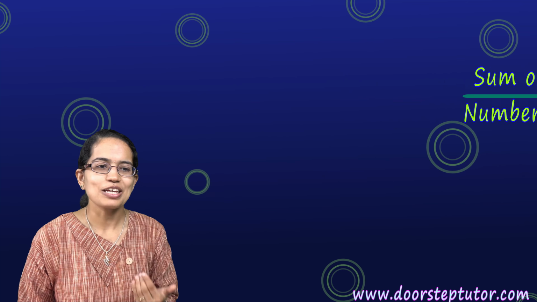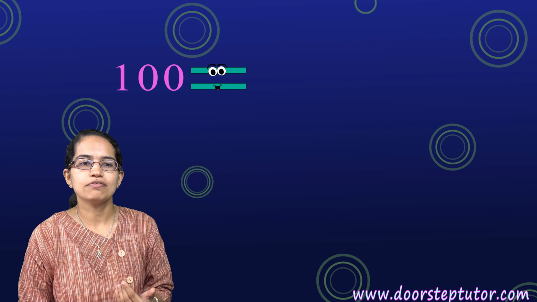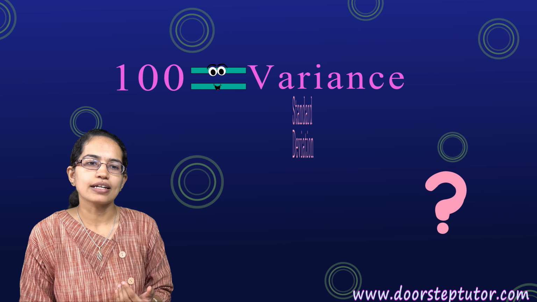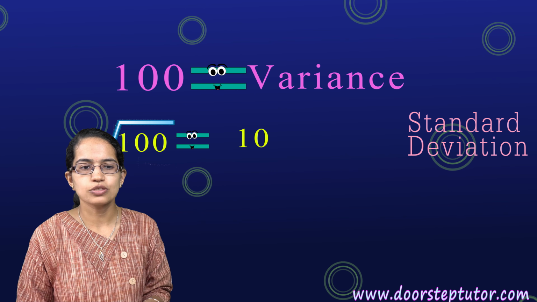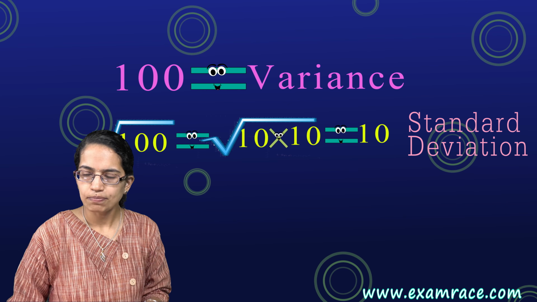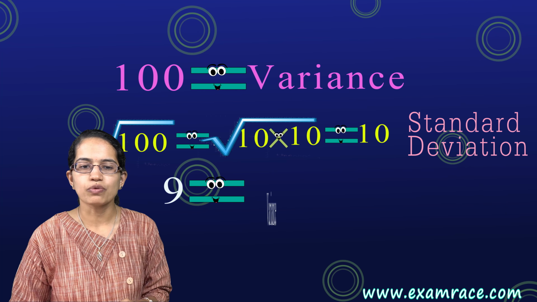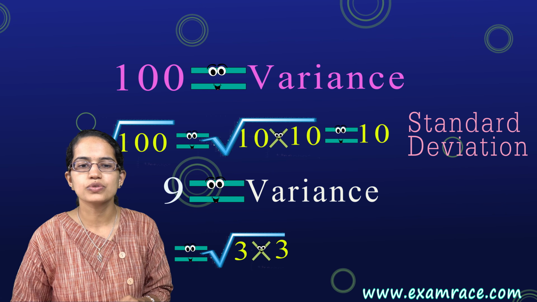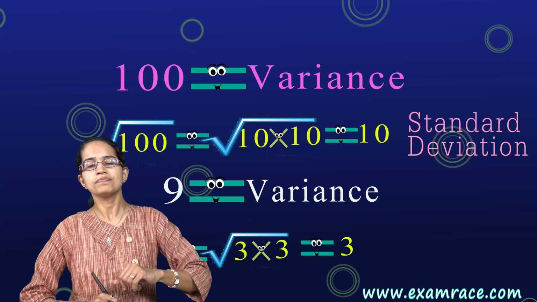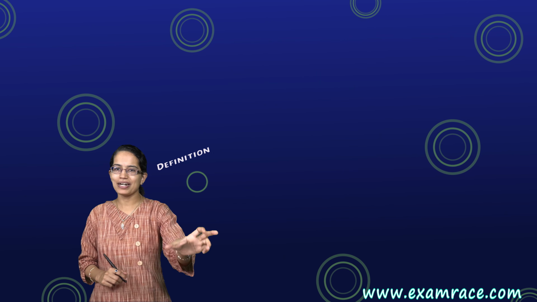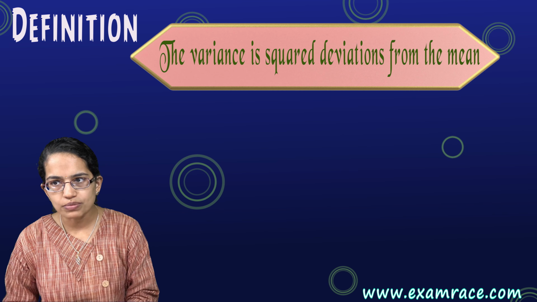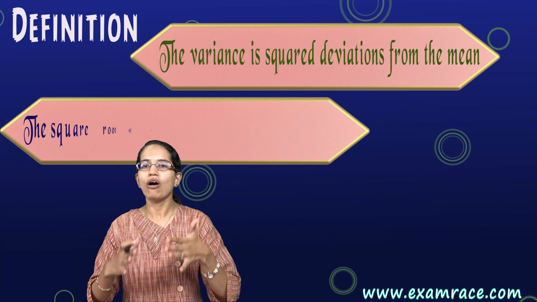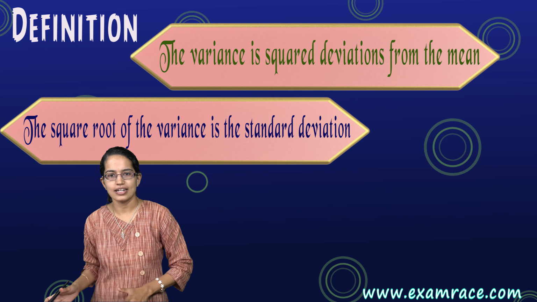Now, let's say you have 100 as the variance. What would be the standard deviation? Very simple. Under root of 100, that's 10 into 10, that gives you 10. If it is 9 as variance, what would it be? 3 into 3 under root, so that gives you 3 as the standard deviation. Again, a simple definition: variance is the squared deviation from the mean, and the square root of variance is the standard deviation.